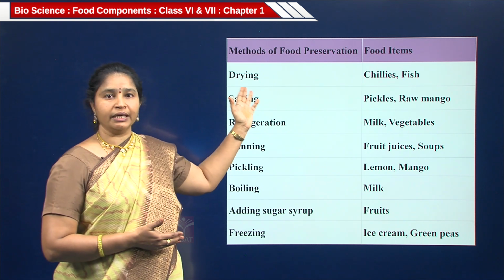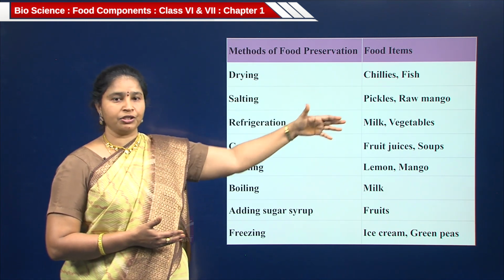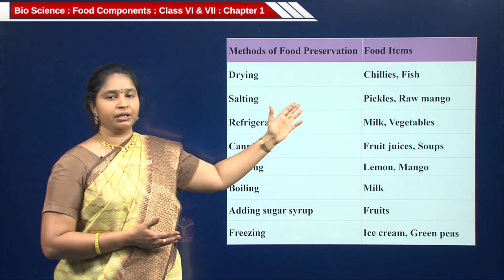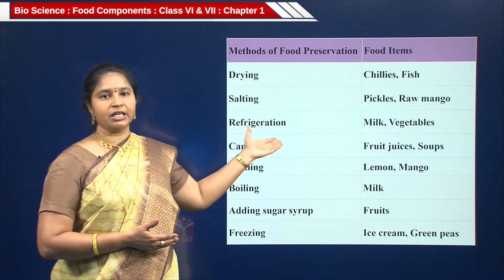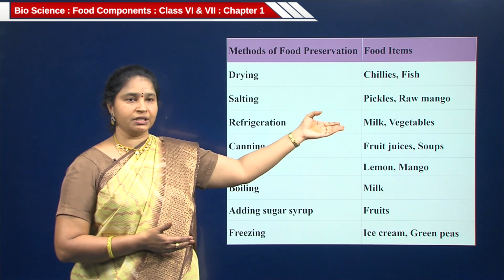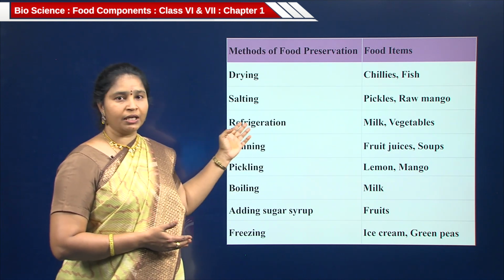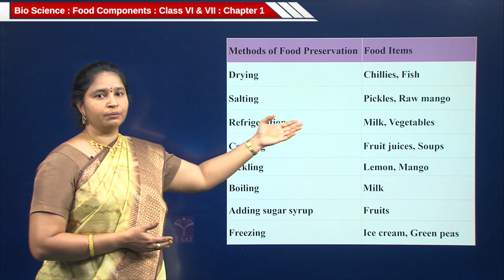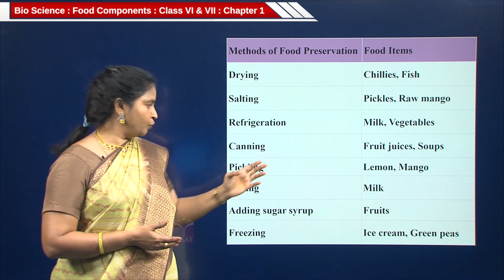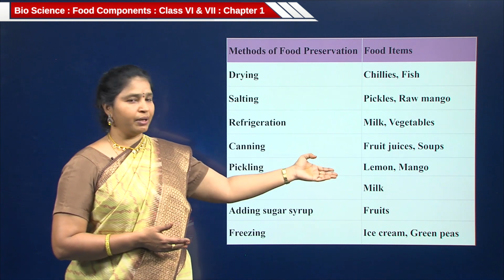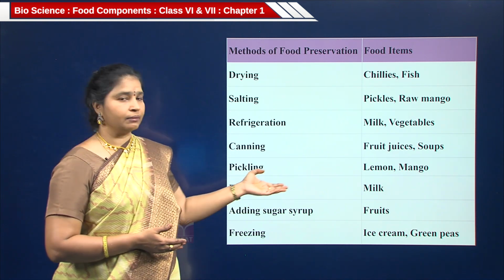Drying: by drying we preserve chilies and fish. Salting: pickles like mangoes and other vegetables. Refrigeration: we keep materials like milk and vegetables in the refrigerator. Canning: fruit juices, soups. Pickling: lemon, mango. Boiling: milk.